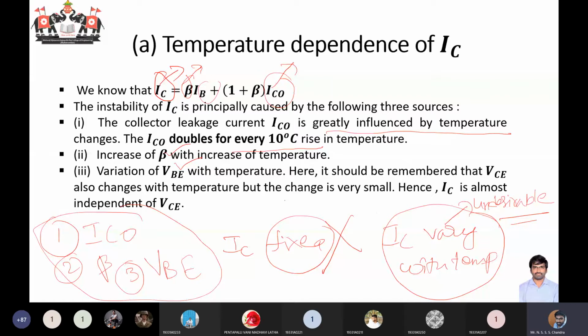First we'll be discussing S, which is equal to delta, or dou IC by dou IC0. So we'll be checking how much IC has changed when IC0 has changed, and we'll be keeping the remaining two parameters constant, that is, beta and VBE are constant.